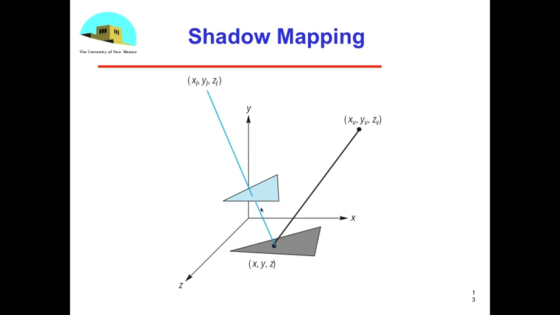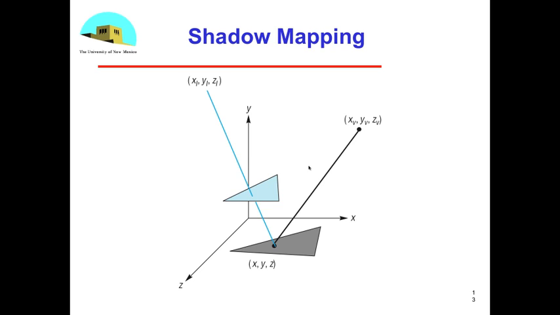Here's a polygon, and if we look at the shadow, we can argue that the way we can tell that this point is in shadow and is not lit is because the distance from the light source to the blocking polygon is shorter than the distance from this viewer out to this point. And these are just, in a way, if we go back to the last technique, views from 2 different points of view, the view from the light source location and the regular view from where the viewer is.